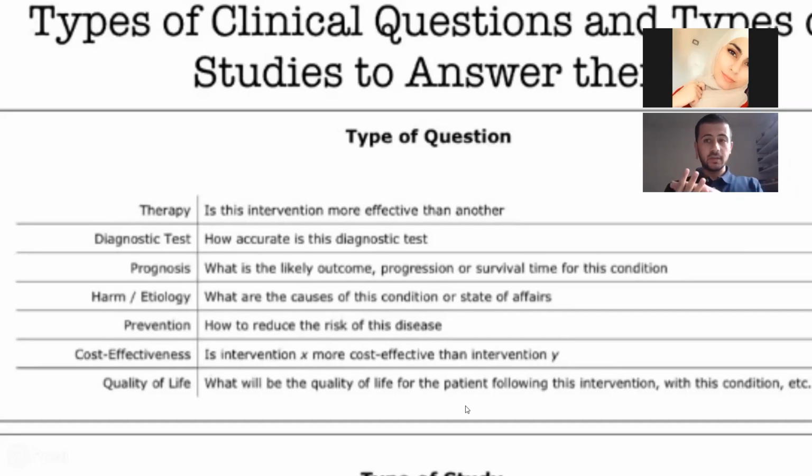Okay, and actually, first, if we have a drug that wasn't used in humans before, we should start with the 4 phases of clinical trials. The first phase is trying them on a very little number of healthy controls, okay?